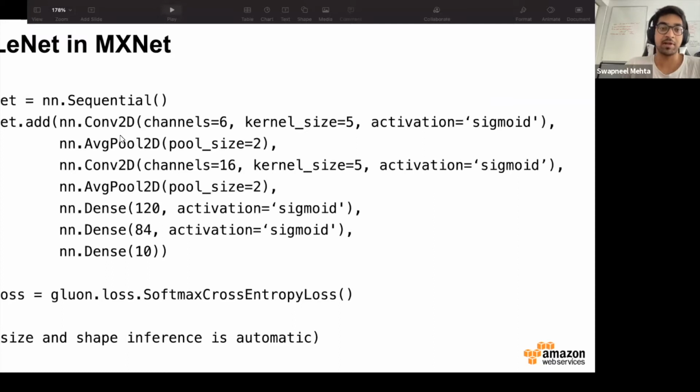Fairly straightforward implementation. Ignore the language here because most of these languages have similar sorts of functions to call. But if you're writing neural networks, I believe this is in Gluon. Yeah, this is Gluon. So when you're writing neural networks, you just want to add these layers in a sequence. That's the idea here.